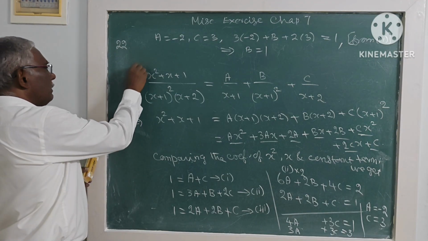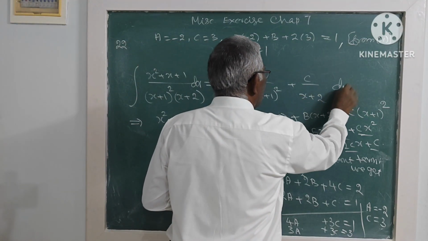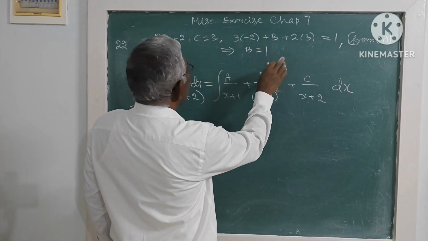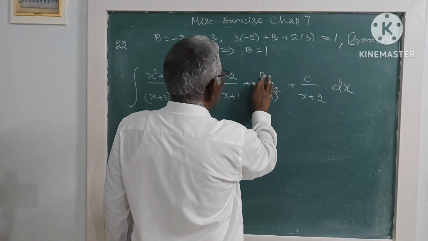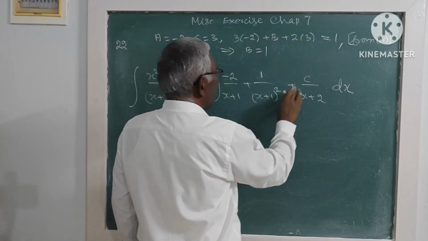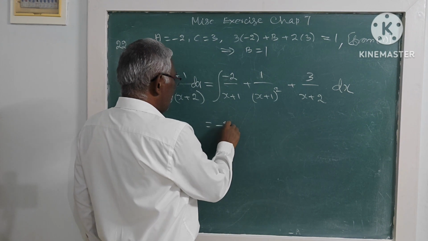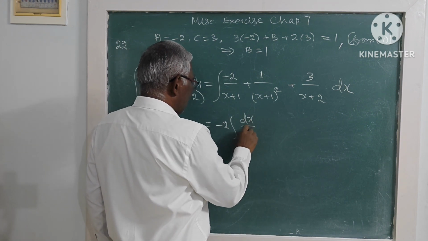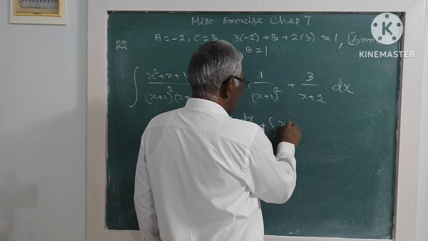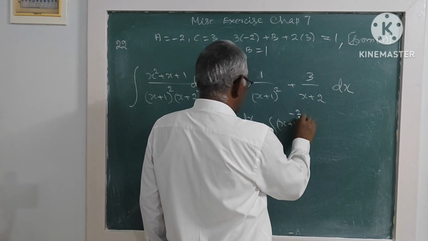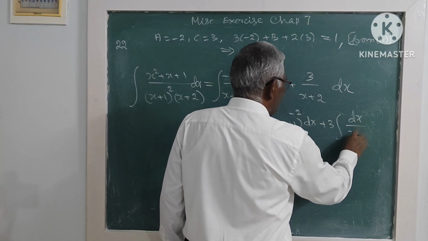The given integral becomes, with a is minus 2, b is 1, c is 3, minus 2 times integral dx by x plus 1 plus integral x plus 1 power minus 2 dx plus 3 times integral dx by x plus 2.